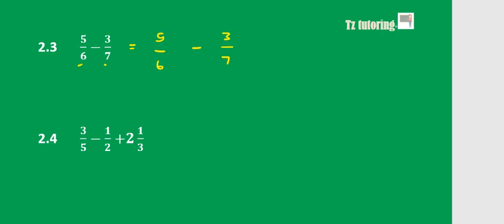The way to do that is we multiply this fraction by the other's denominator. So we multiply this fraction by the 7, and we multiply this fraction by 6. You multiply each fraction by the other fraction's denominator. That way we can get the denominators to be the same.